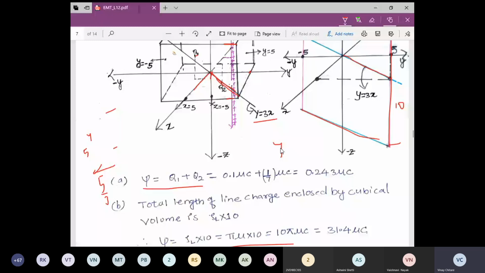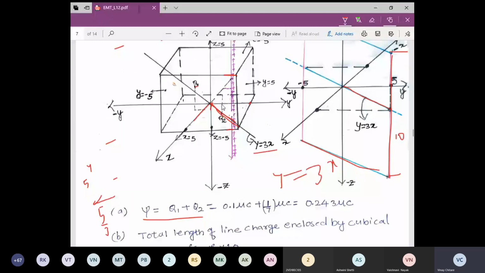I know that y at the right side varies from 0 to 5, and hence for y equal to 5, I found the corresponding value of x. Observing this, it looks like a right angle triangle, and I know this value and this value, so I can apply the Pythagoras theorem to find this length.